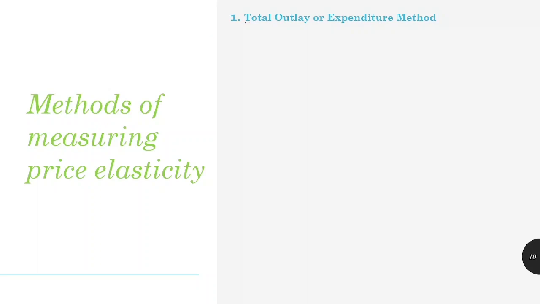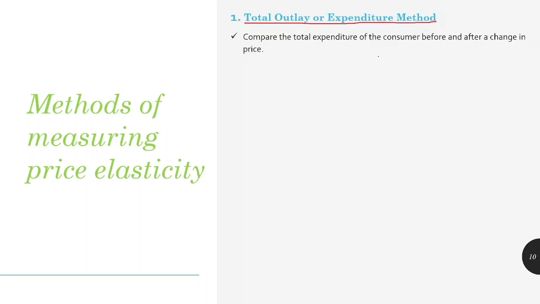The first one is the total outlay or expenditure method. As the name suggests, here we are taking into consideration the total expenditure of a consumer on a product. We use expenditure as a tool to find out whether the demand for that product is elastic or inelastic.